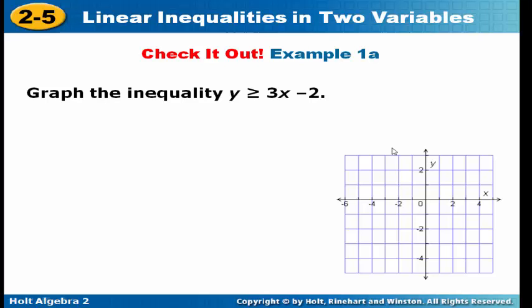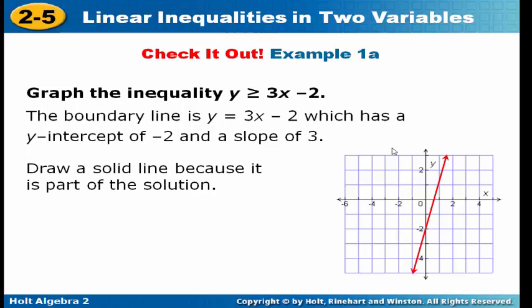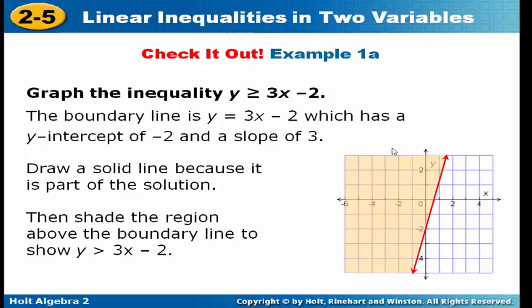Graph the inequality y greater than 3x minus 2. The boundary line is y equals 3x minus 2, which has a y-intercept of negative 2 and slope 3. Draw a solid line because it is part of the region of solution. Now shade this area. Why? Because the values of y here are greater.